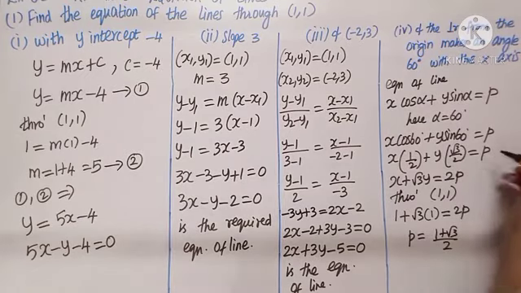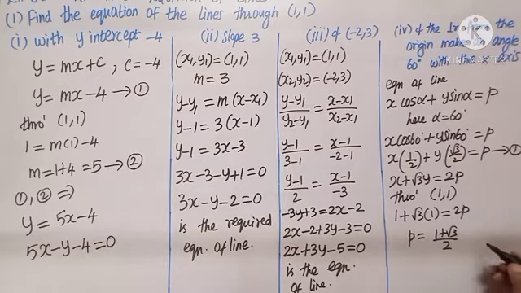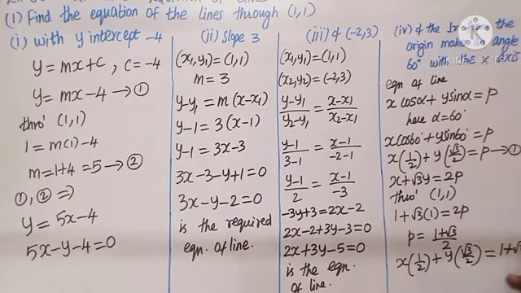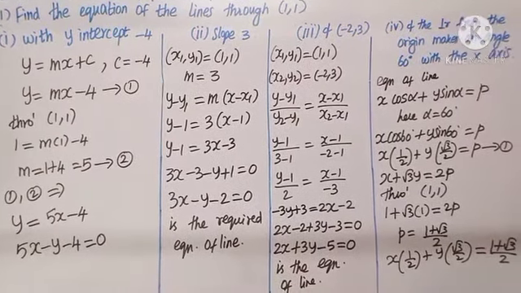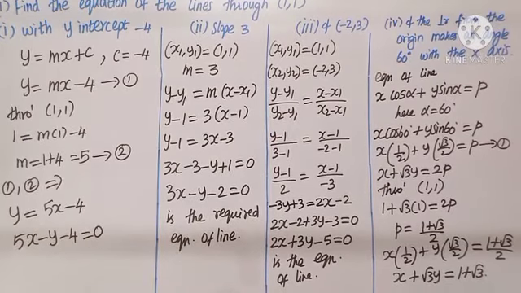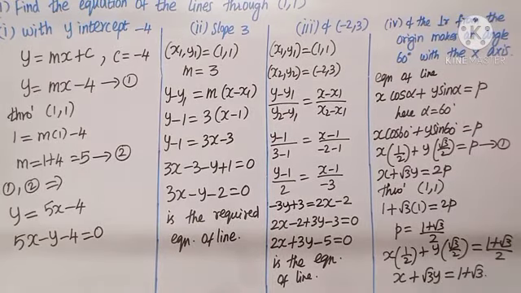Put it back in the first equation: x into 1 by 2 plus y into root 3 by 2 equals 1 plus root 3 by 2. Cancelling 2 throughout, we are left with x plus root 3y equals 1 plus root 3, and that is the required equation of the line.